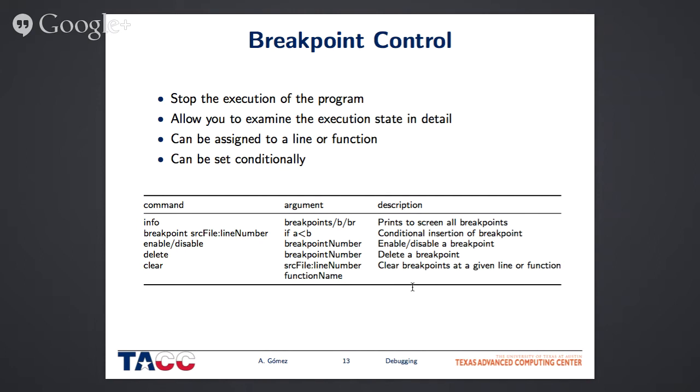So all you have to do is to use the command breakpoint, and then enable, disable to play with those breakpoints. The code will run until it reaches one of those breakpoints, and then it will stop. At that point, you can print the variables in that specific frame.